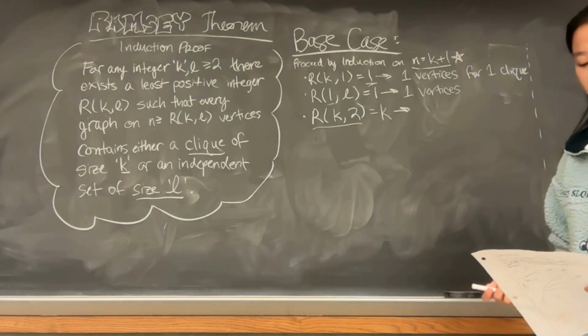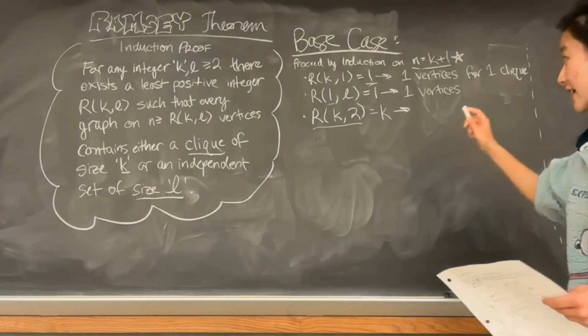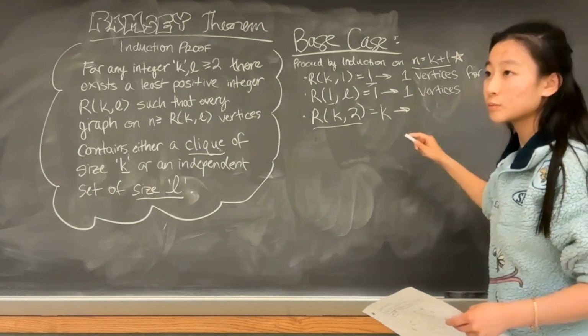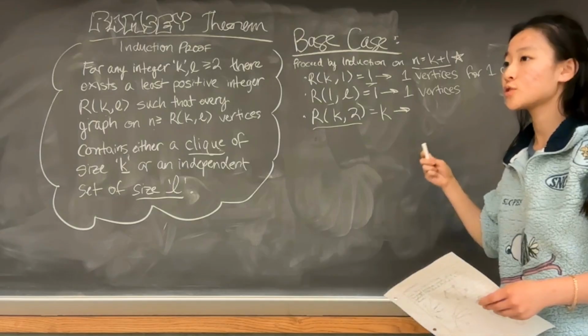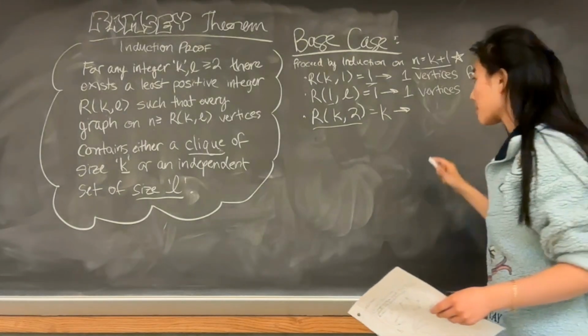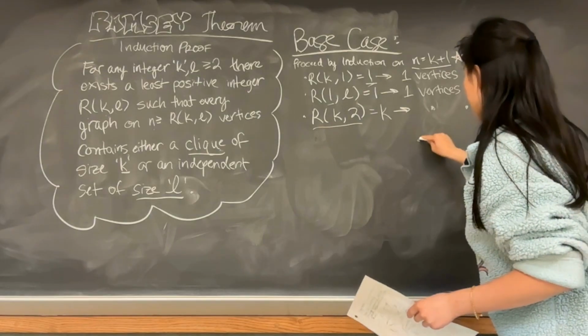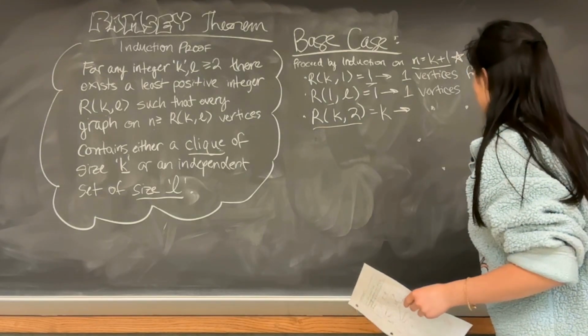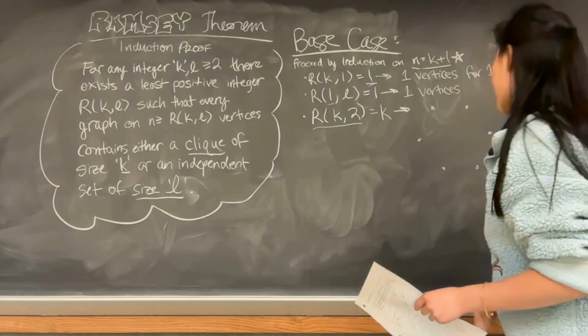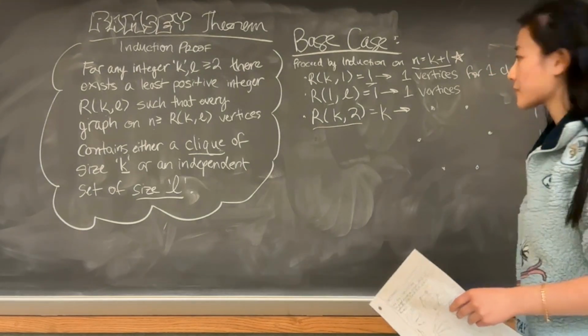And lastly, we have R(k,2) is equal to k. So this one is just saying, if you have k vertices and 0 blue edges, then you definitely have to have k vertices. So let's say it was 6, just as an example of our vertices.